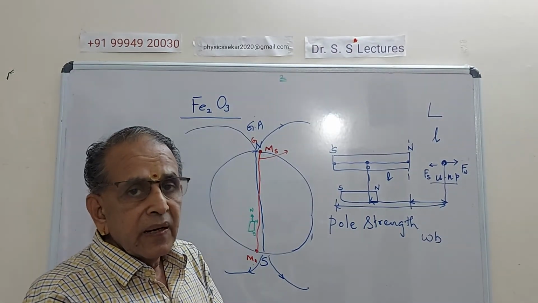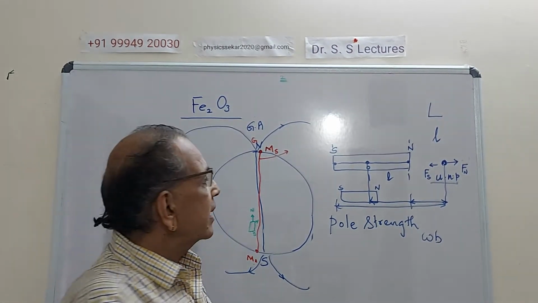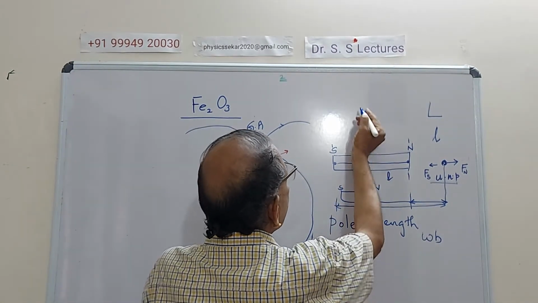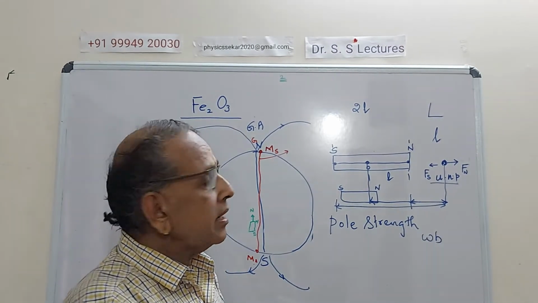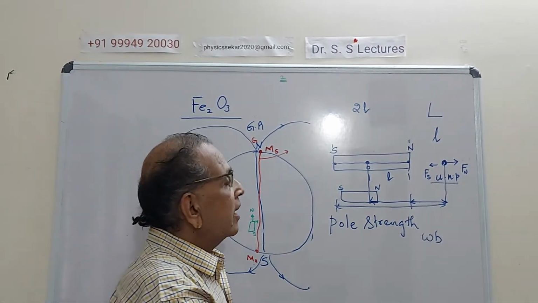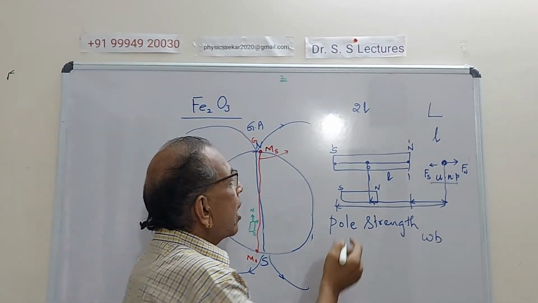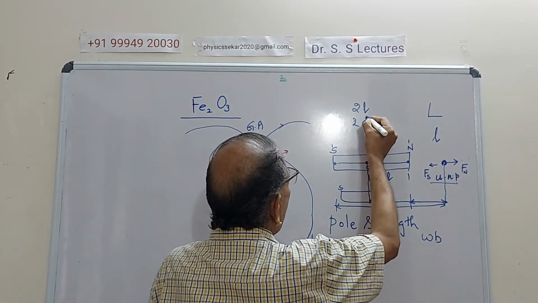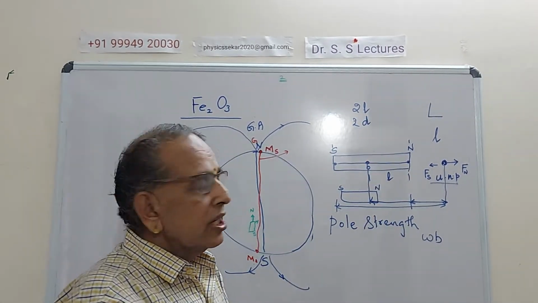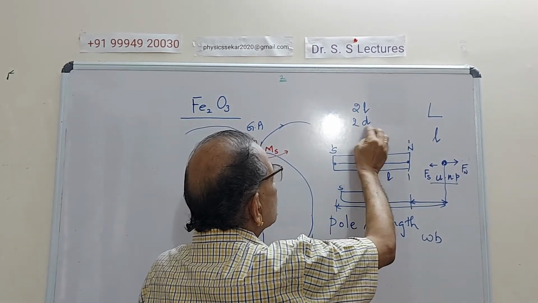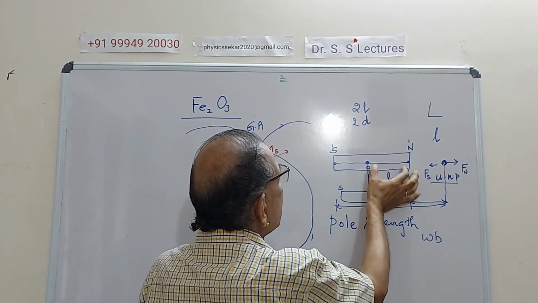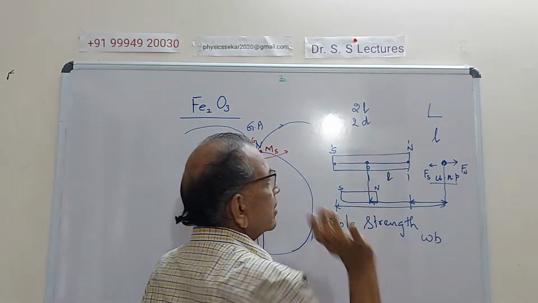That's why we always consider the length of the magnet as 2L for mathematical simplicity to avoid any complexity and fractional aspects, otherwise 2D. Commonly in various textbooks, this length of the magnet will be represented by 2 small l or 2 small d. Therefore, the semi-length can be either l or d.